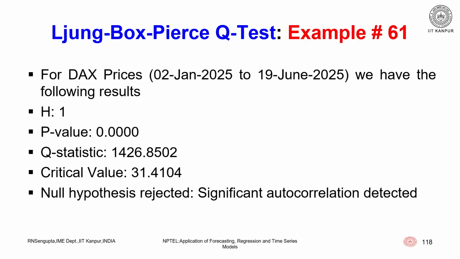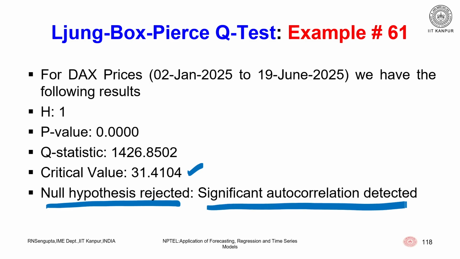Consider the DAX data; I am taking the actual DAX data from January 2025 to 19 June. When we run this test, we get the P value, the Q statistic and the critical value. What is important is that the null hypothesis is rejected, meaning significant autocorrelation is detected for the actual data at a lag of 1.